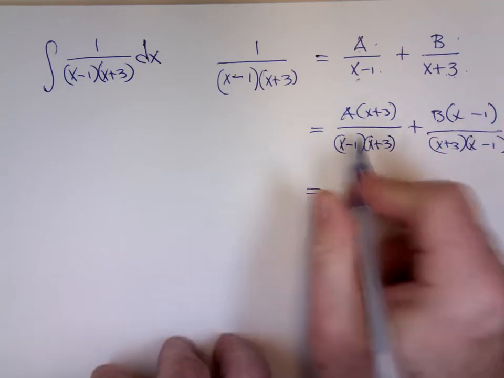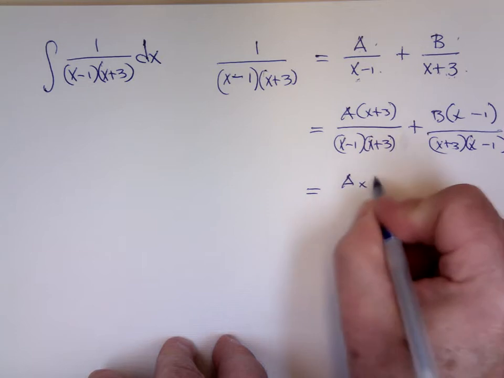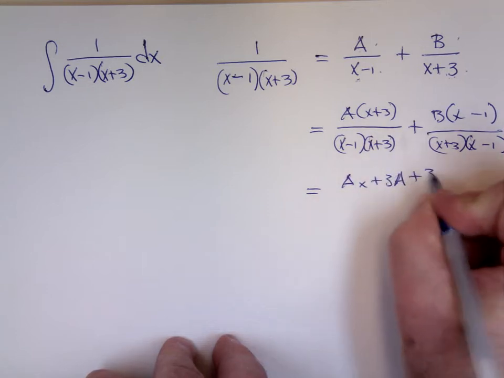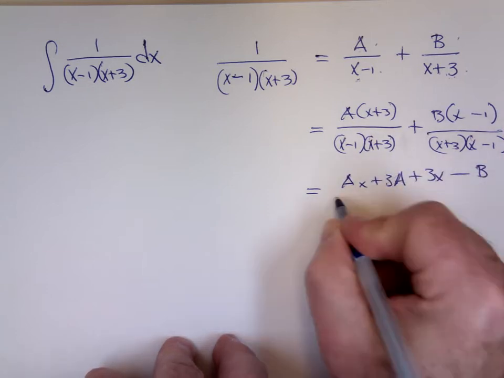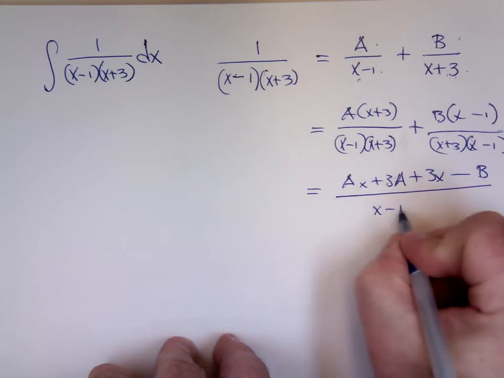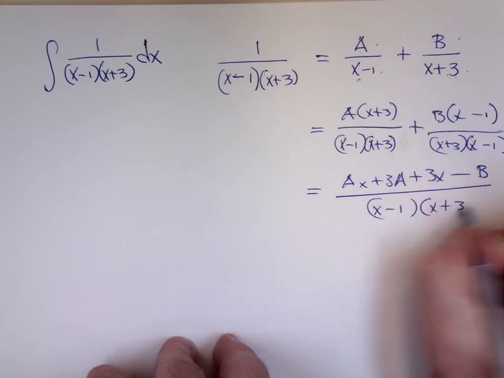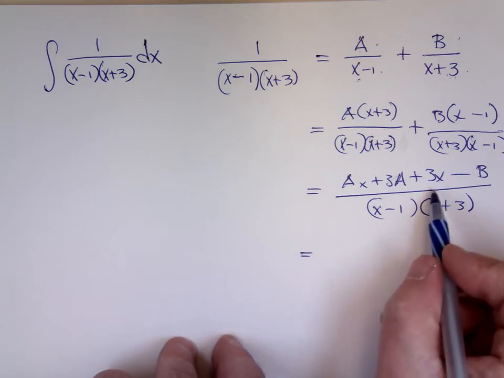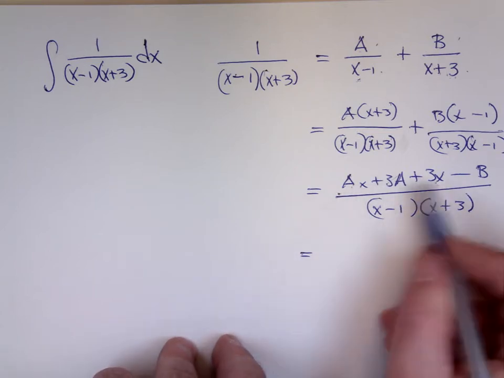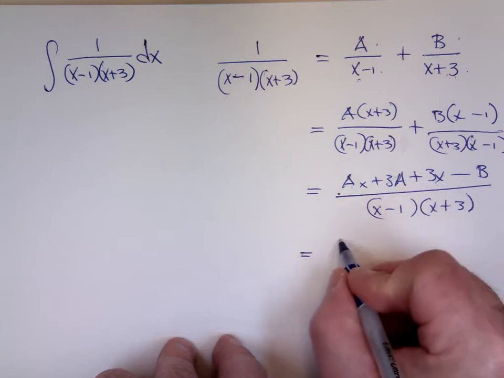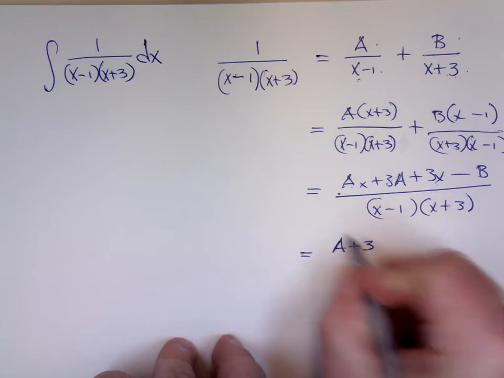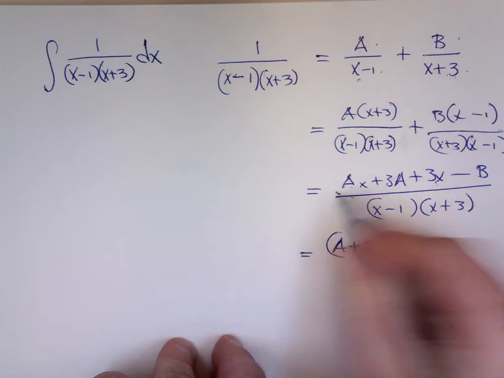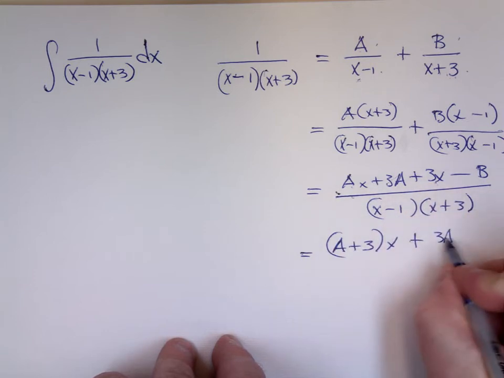You would end up with ax plus 3a plus bx minus b over (x minus 1)(x plus 3). What you should do here is gather your x's. I've got an a plus b times x. And then I have constants, 3a minus b.